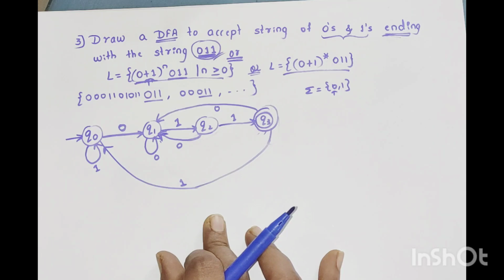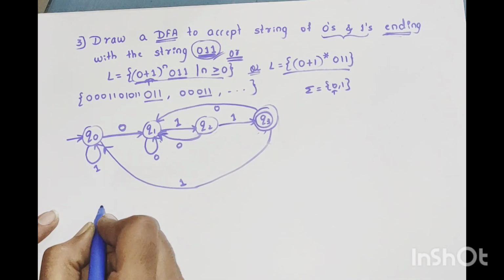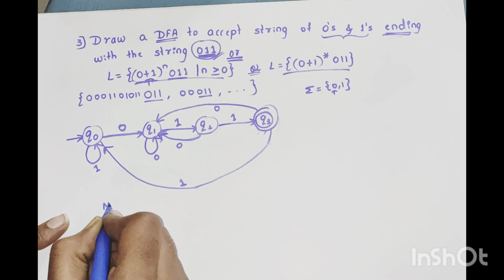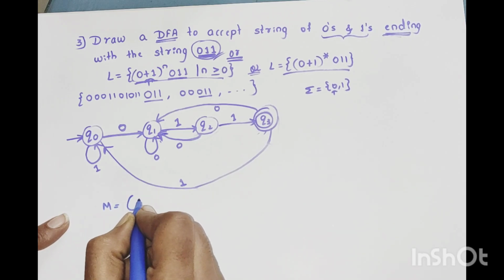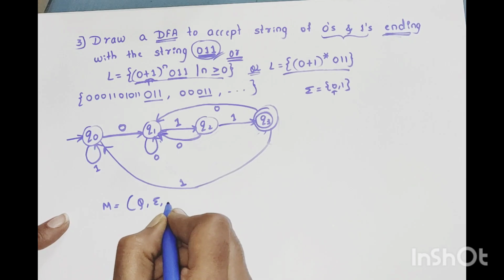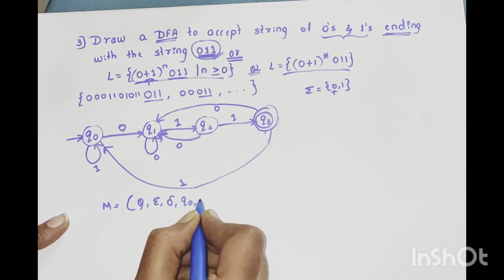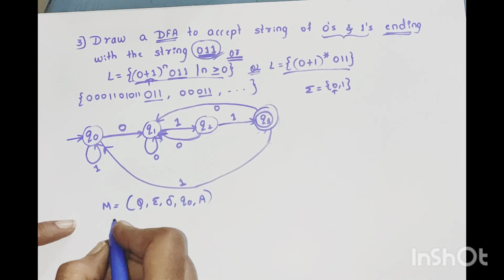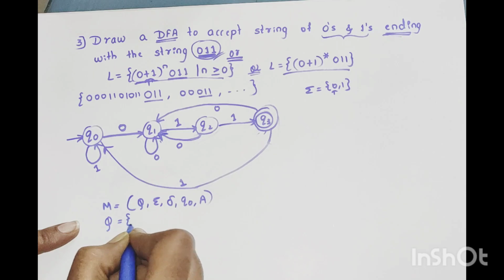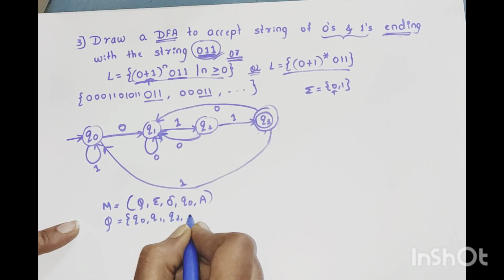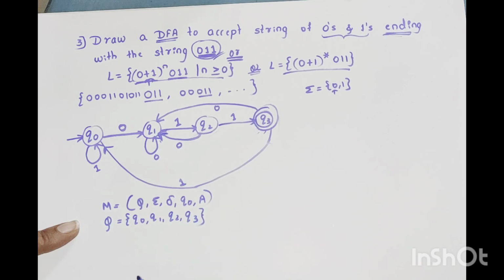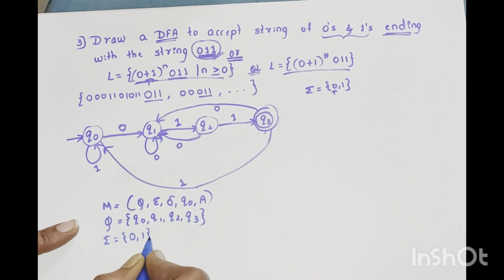And we know how to write the formal definition, that is machine M is equal to (Q, Σ, δ, q0, A). So now Q is a set of states Q0, Q1, Q2 and Q3. Then Σ is nothing but the input symbols 0 and 1.